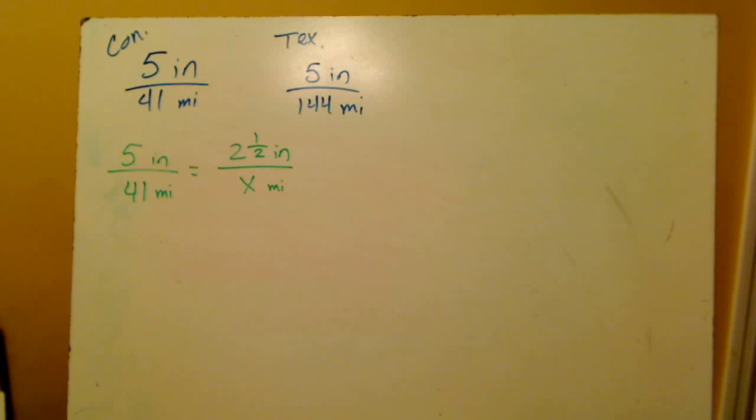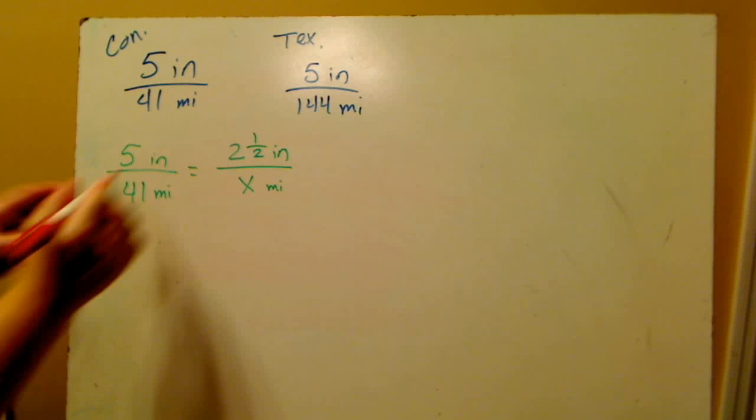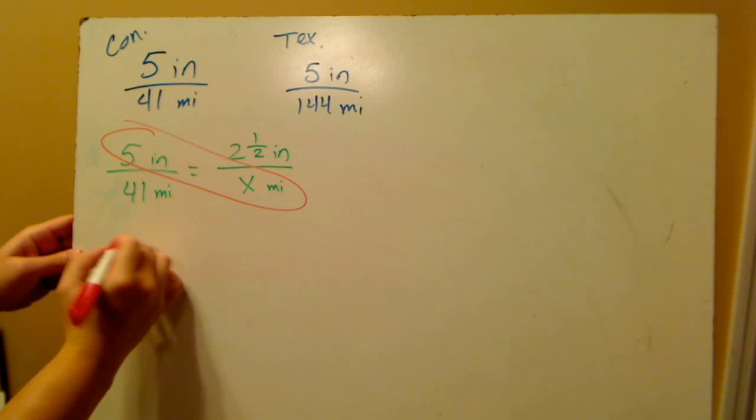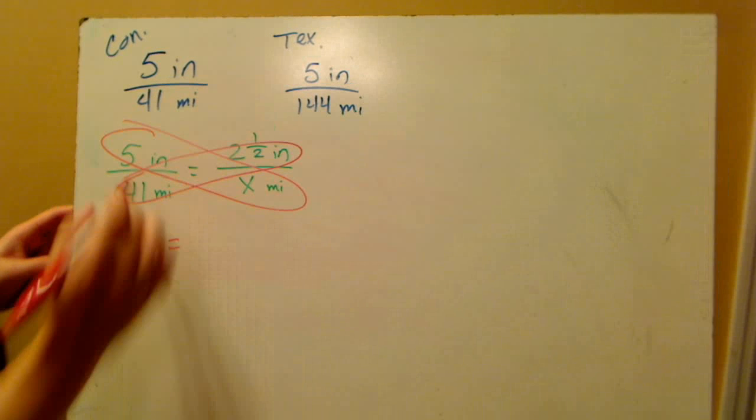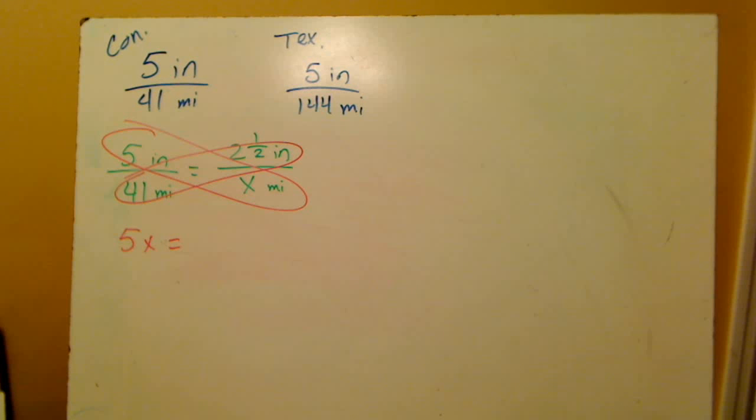Okay, so I can now use cross products, just as we've done before, to figure out what this answer is. So I'm going to do 5 times x is 5x, and then 41 times 2 1/2 is 102.5.